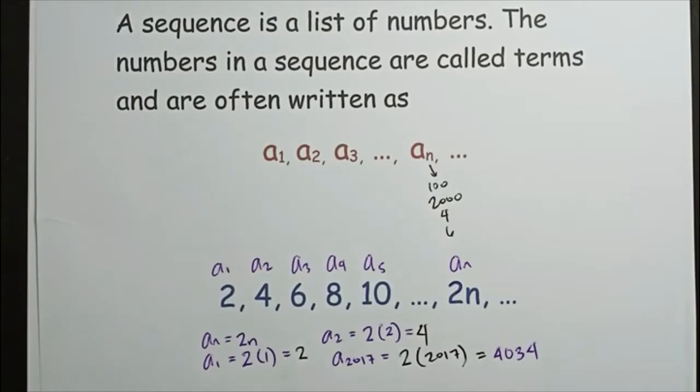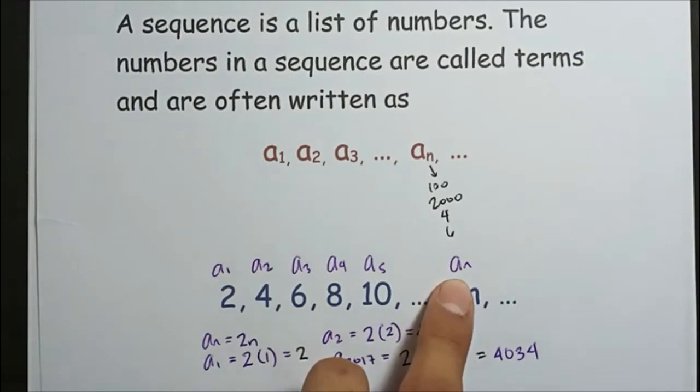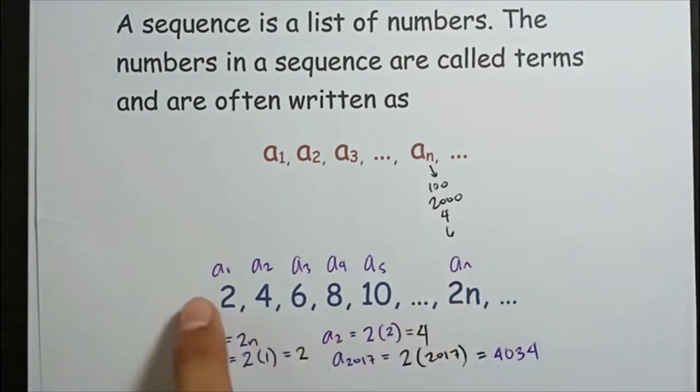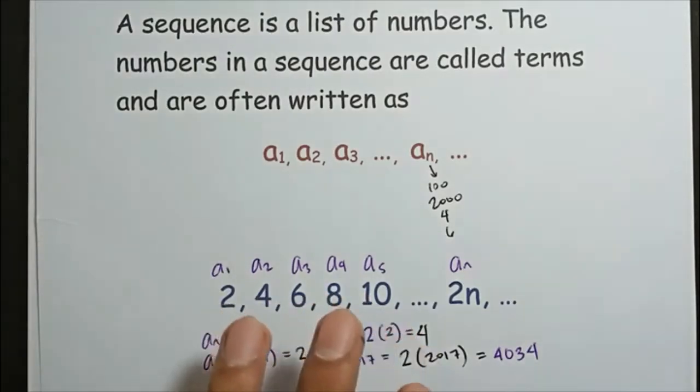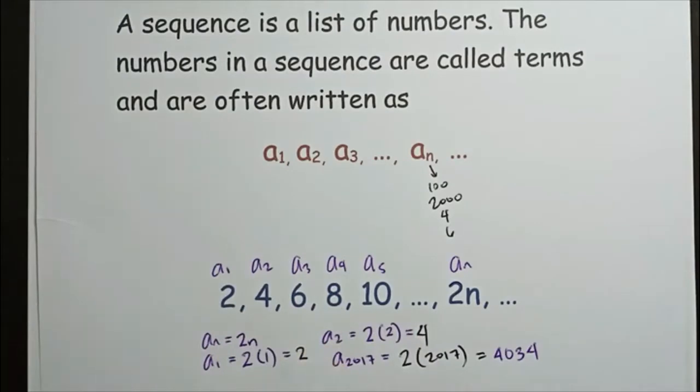So, parang ganun lang. A sub n natin is yung general term at this sequence may be represented as a sub n equals 2n. By this, we can get any place of the term in this sequence. So, yung 2n, a sub n equals 2n natin is yung explicit formula. Then we can use this explicit formula to get any term or any place in a term in this sequence.